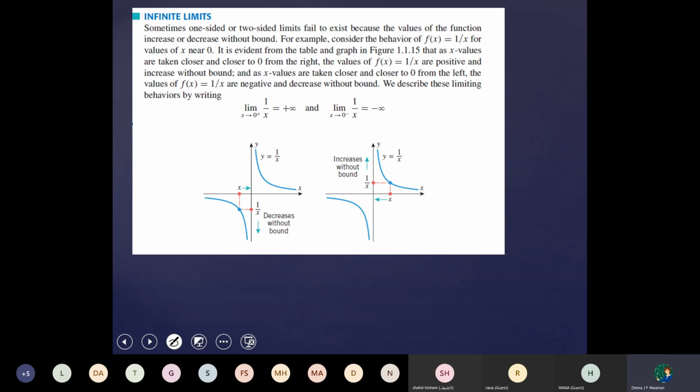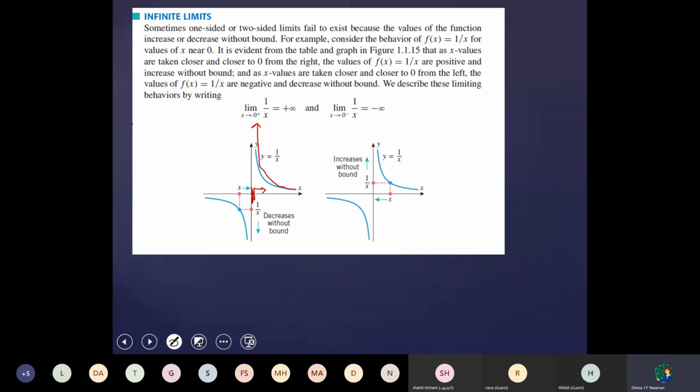Now, as you see here, the limit of 1 over x when x approaches 0 from the right. Here is 0. Now 0 from the right, I mean here. Now look at this limit. In this limit, it increases. Does it increase to the positive y-axis or to the negative y-axis?